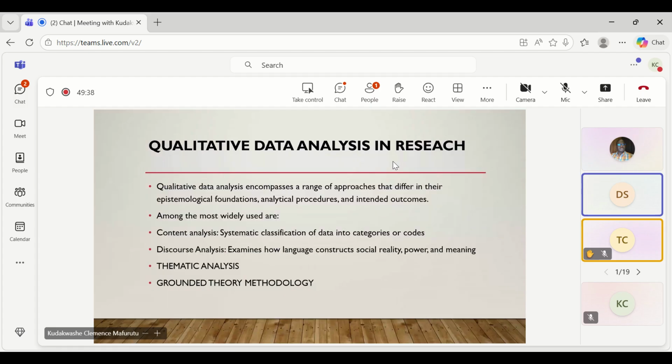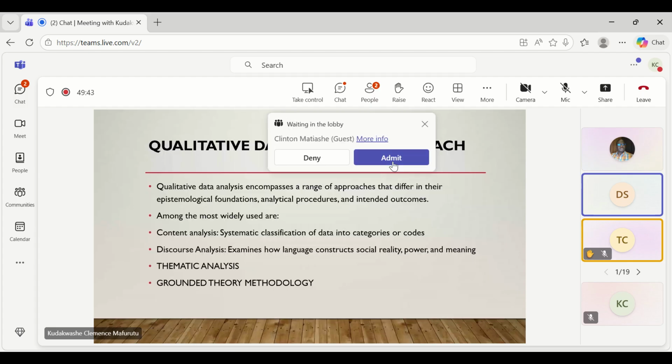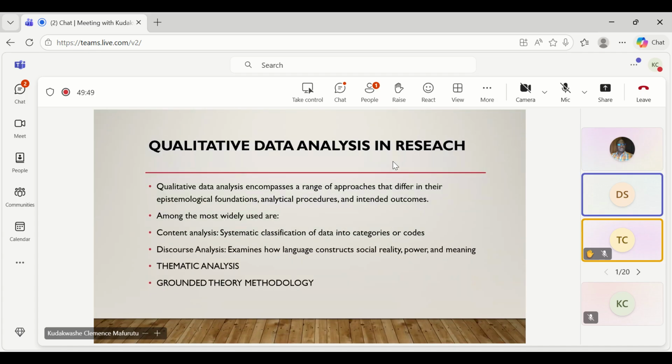The most widely used is content analysis, which is the systematic classification of data into categories or codes. For example, in first aid, for us to give attention to the needy patients, we have blankets, black blankets and red blankets, so that people will prioritize who to give care to first.